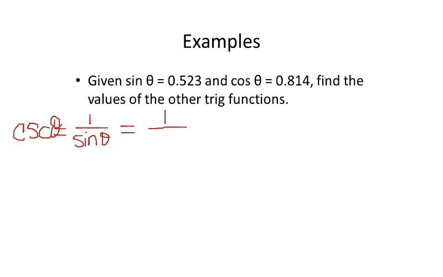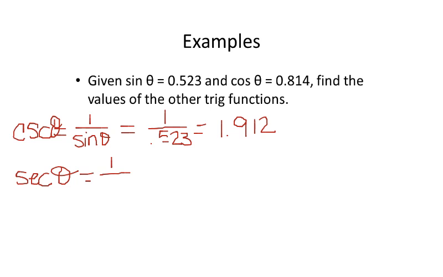So 1 over 0.523 is 1.912. And secant theta is 1 over cosine theta. So 1 over 0.814, which is 1.229.